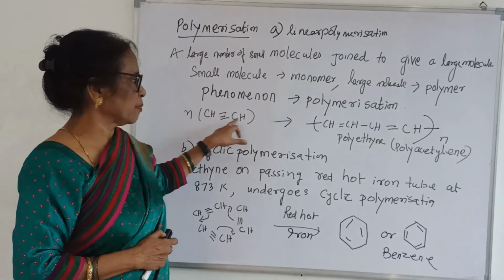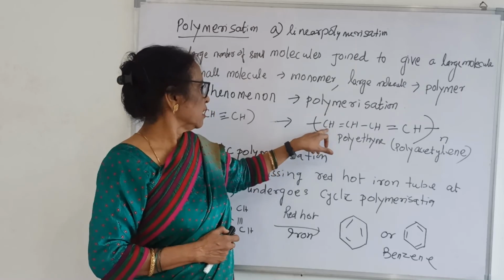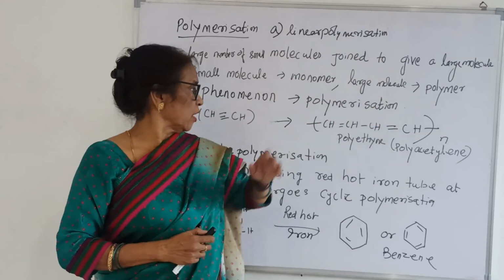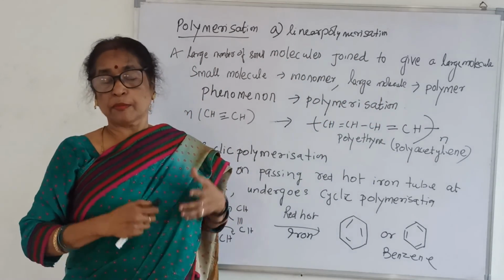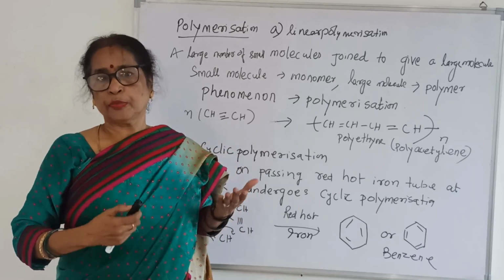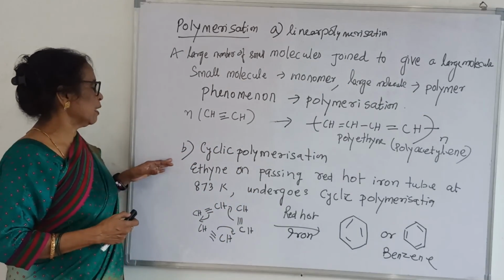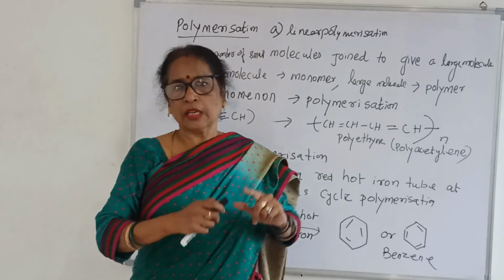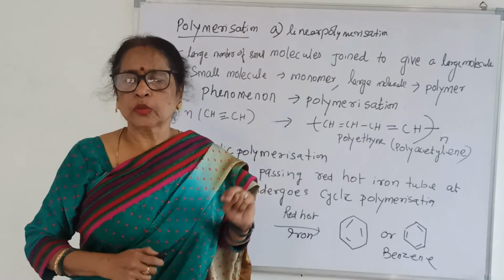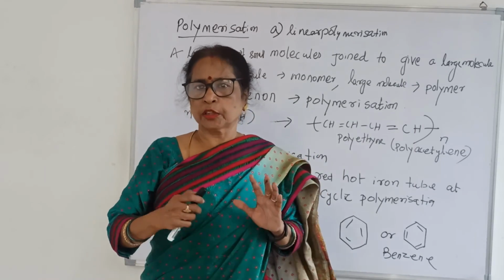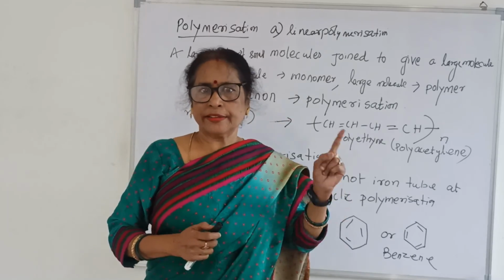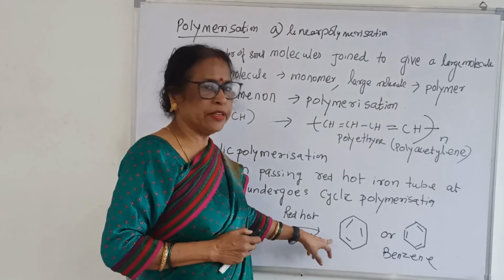Example, ethyne gives polyethyne. See here, a large number of CH units joined, maybe 1 lakh or even above that. And cyclic polymerization forms a closed ring, where three molecules of acetylene passed over a red hot tube at 873 Kelvin give benzene.